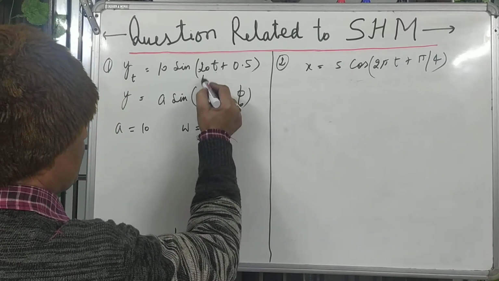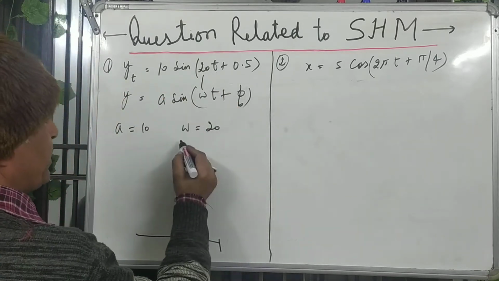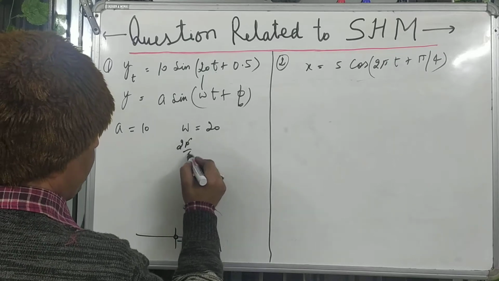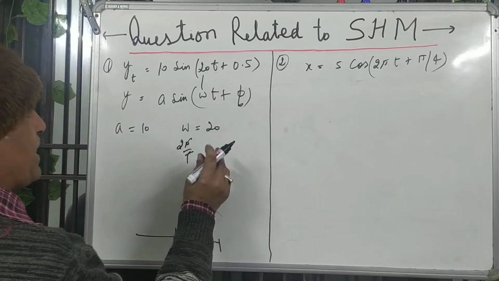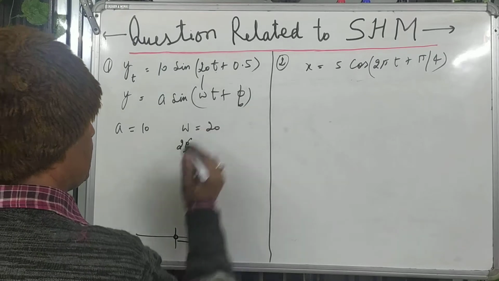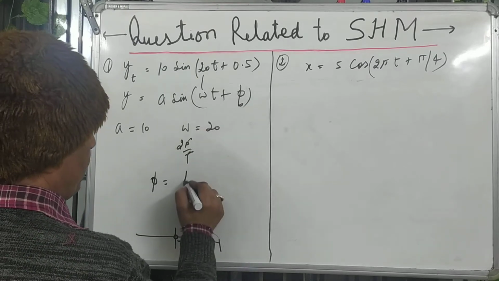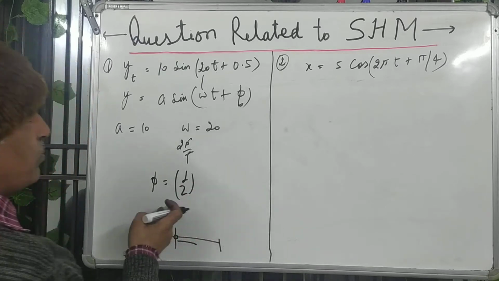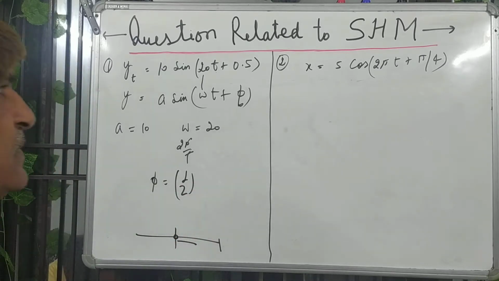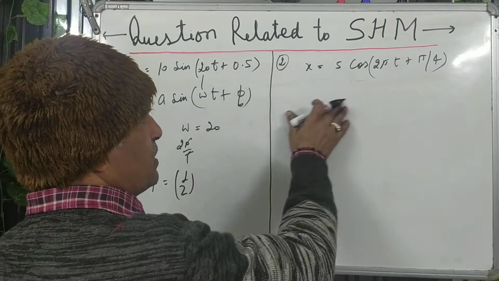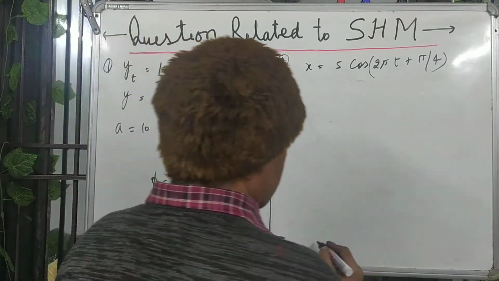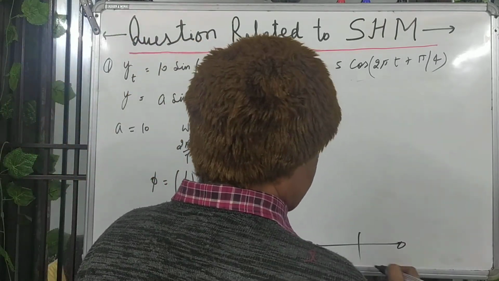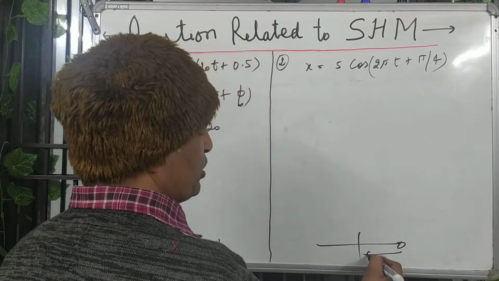Omega t, this represents omega. Omega is 20, or omega is 2 pi by T, so you will find the time period. And phi naught is 1 upon 2, in radian; you will convert it into degree. And this is a cos function.